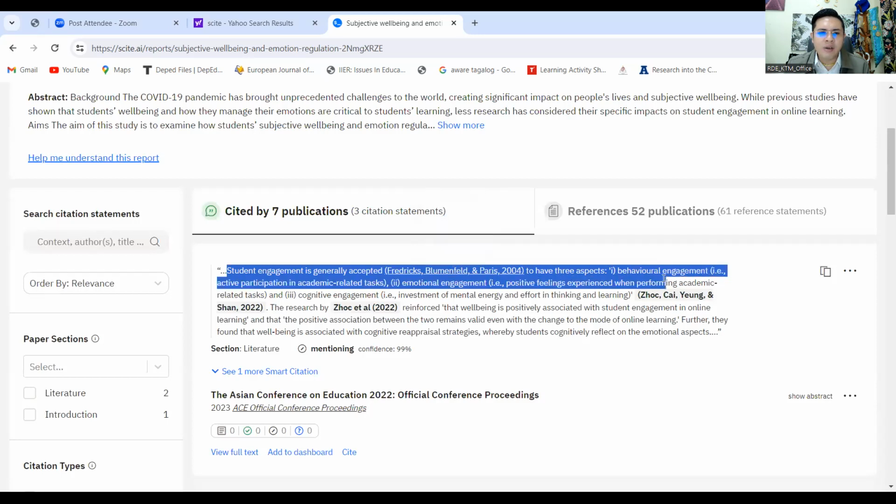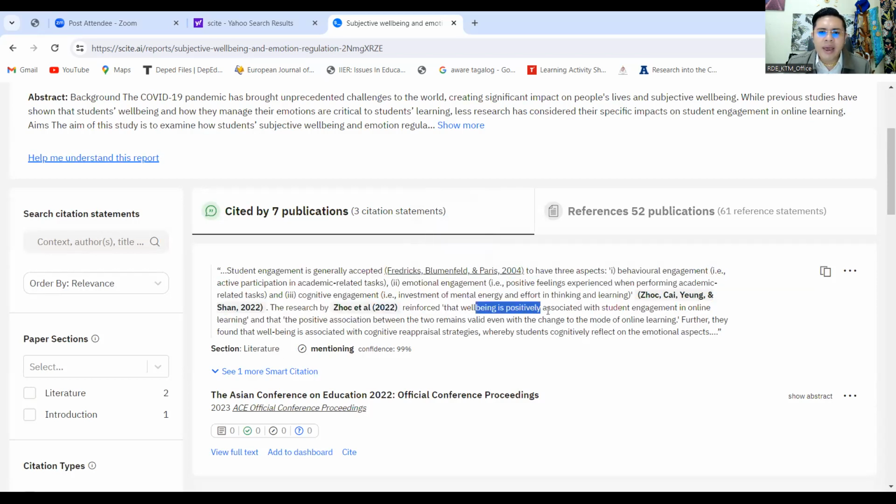What are the three aspects of student engagement? Number one, behavioral engagement. Second, emotional engagement. And the third one is cognitive engagement in learning. So these are the three important concepts. And according to SOC, well-being is positively associated with student learning in online learning.